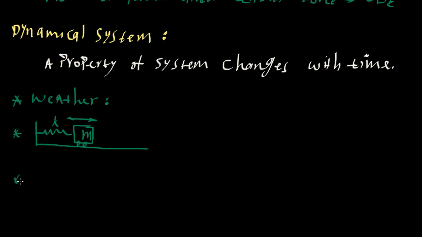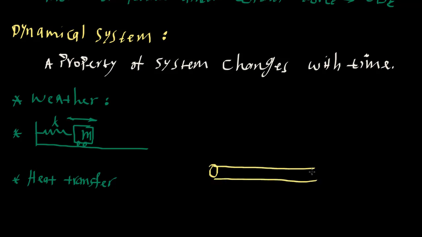Another example of a dynamical system is in heat transfer, which is a very wide topic. In heat transfer, let's say you have a one-dimensional rod, where the heat doesn't transfer on the side because you have insulator here.